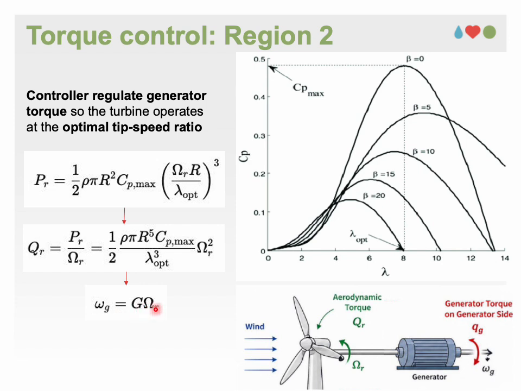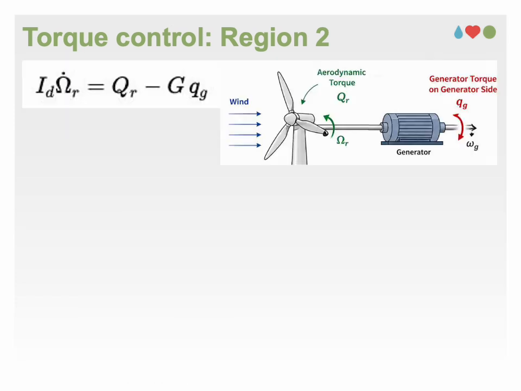We aim first to obtain a relation for the generator torque for the optimal tip speed ratio condition. Using conservation of energy, for the ideal case in the absence of all losses in a steady-state condition, we obtain the generator torque as given by this formula.